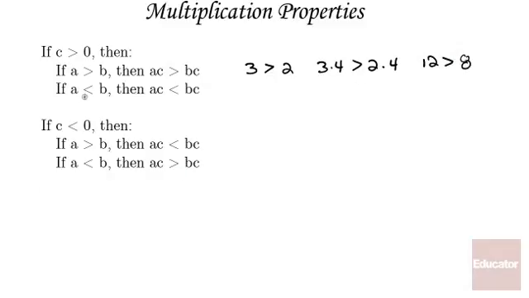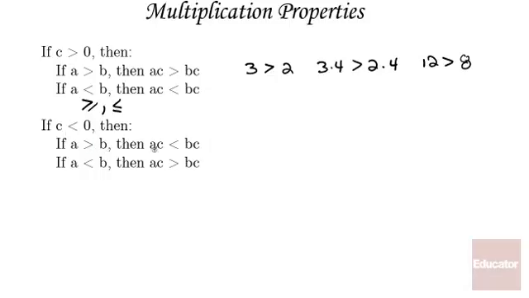Same for less than. A is less than B. You are allowed to multiply both sides of the inequality by the same positive number without changing the solution set. Again, this applies to greater than or equal to and less than or equal to, as well as to strict inequalities.